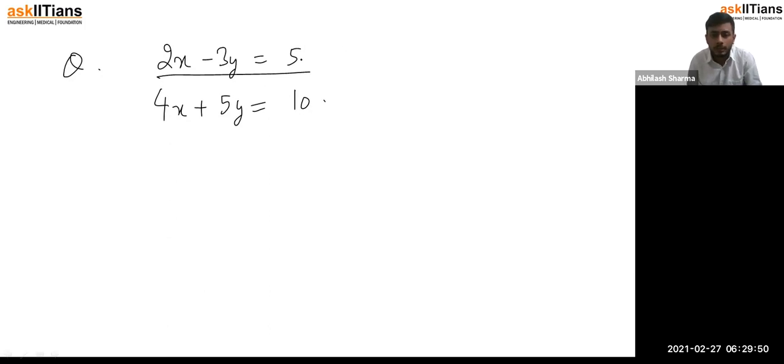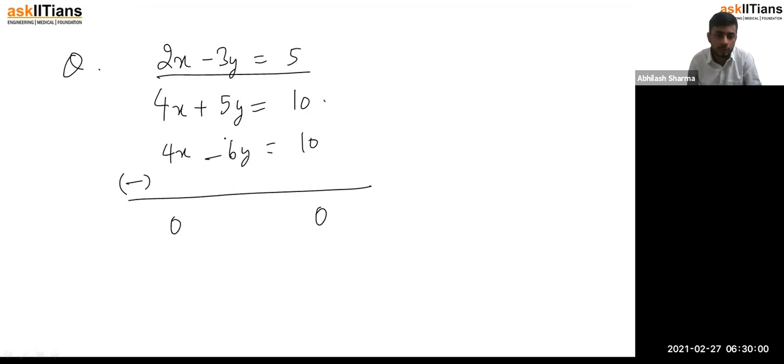So if you multiply this equation by 2, you are going to get 10 is equal to minus 6y and 4x. Now, if you subtract this equation, you are getting 10 minus 10, 0, 4x minus 4x, 0, 5y minus minus 6y will become, okay, let me write it like this, plus 5y minus minus 6y equal to 0, okay, equal to 0.